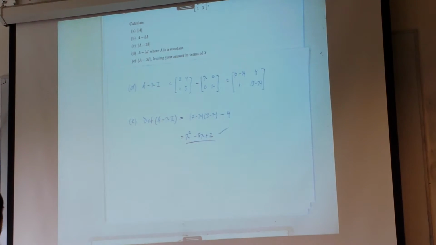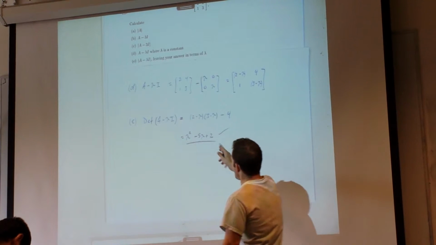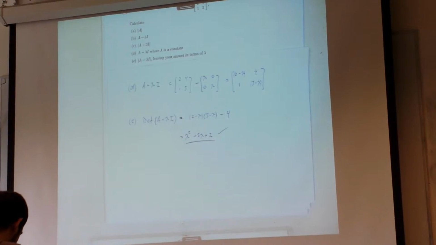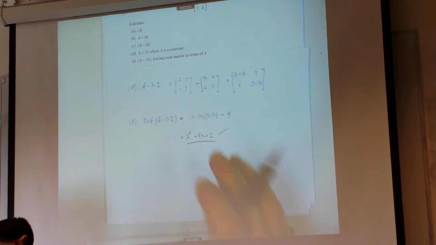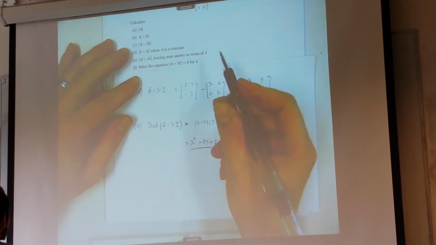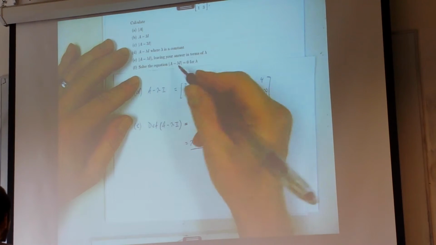All right. Sometimes in linear algebra, this is called the characteristic polynomial. It's a polynomial involving lambda. Big deal right now. Solve the equation determinant of A minus lambda I equals 0.